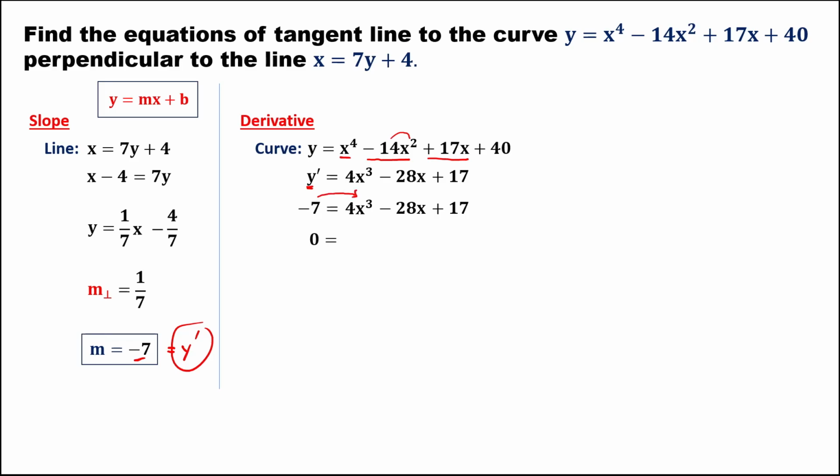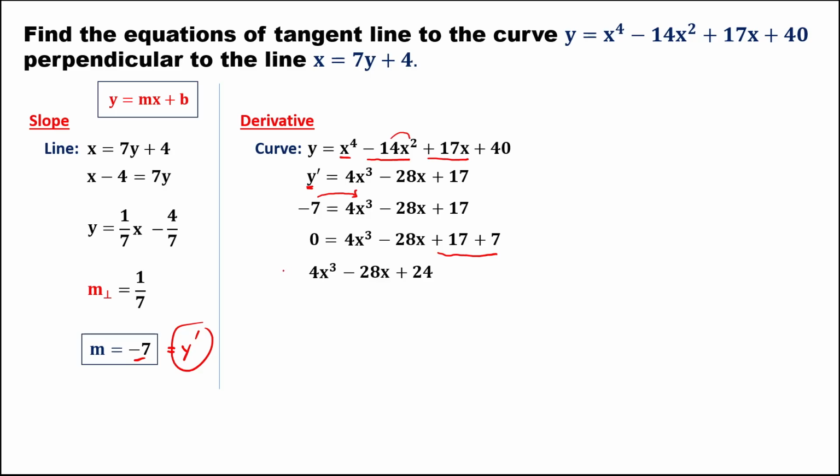So this becomes 4x squared minus 28x plus 17, and this negative 7 becomes positive 7. Then we need to combine this positive 17 and positive 7. So this is 4x squared minus 28x plus 24.